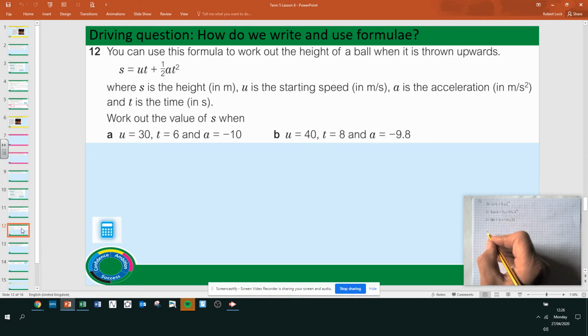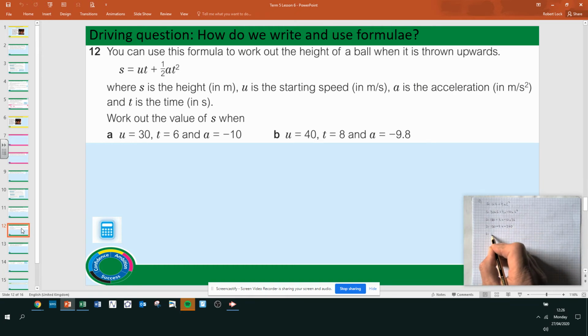Solve it down further. So S equals 180 plus half times 10 times 36, which is 360. A minus times a positive is a minus, so we end up with minus 360.